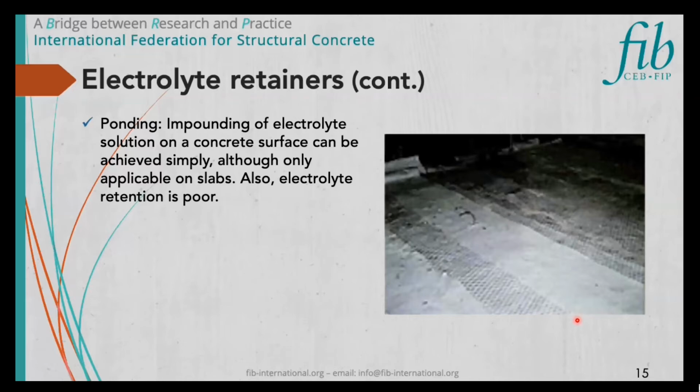The last one is ponding. Ponding of electrolyte solution on a concrete surface can be achieved simply, although only applicable on slabs. Also, electrolyte retention is poor, so the electrolyte can easily evaporate.